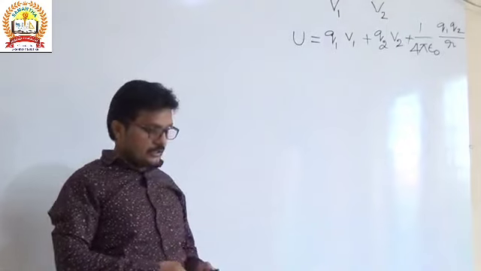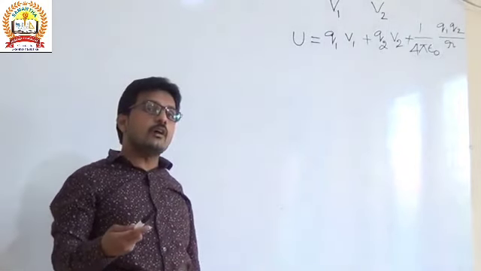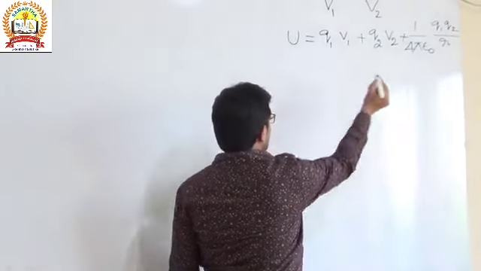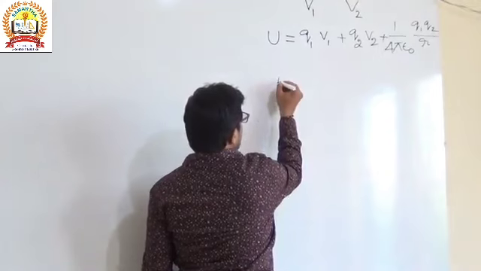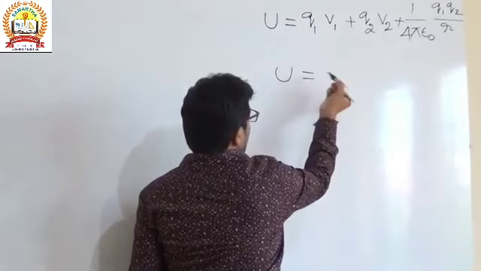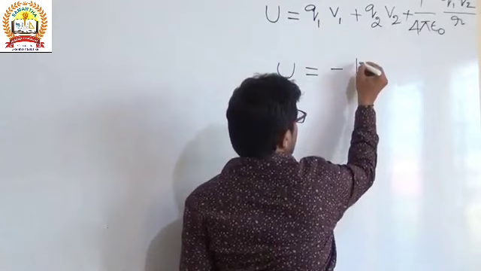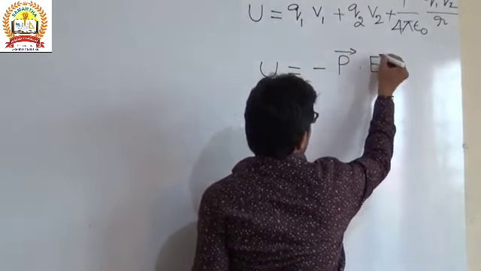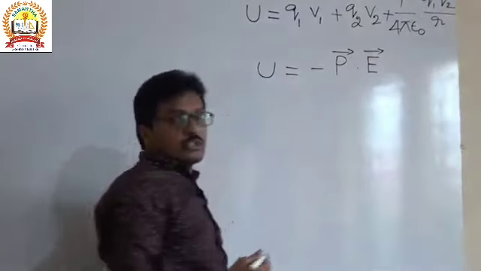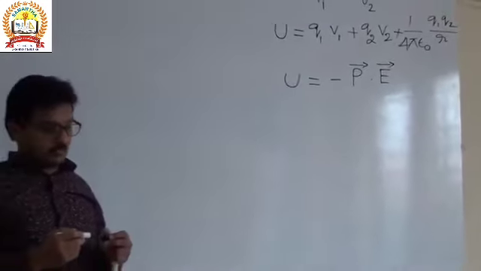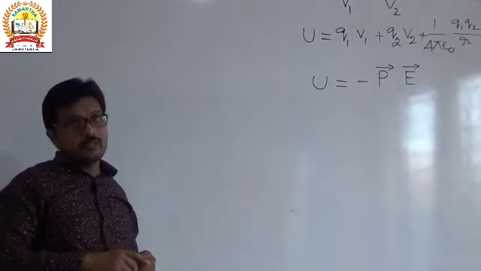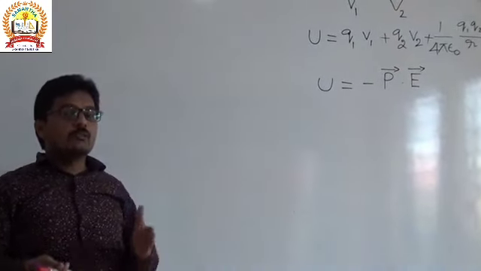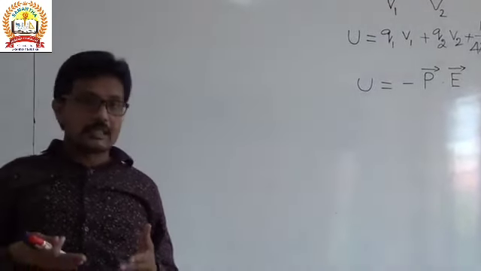The potential energy of a dipole when it is placed in a uniform electric field is U equals minus P dot E. When the dipole is placed in a uniform electric field, it doesn't experience a net force.